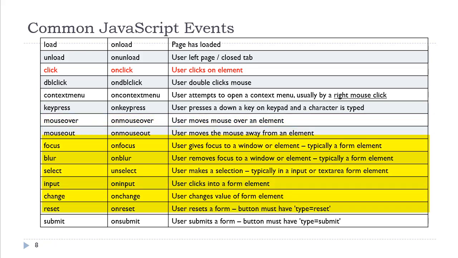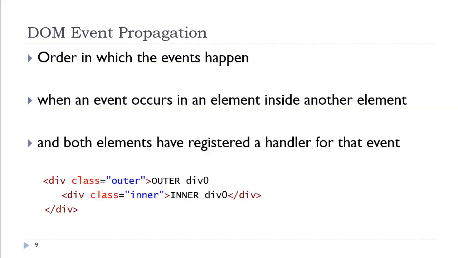The form elements. There are a lot of events connected to form elements, and we will look at forms in more detail later on. We have the focus and blur events, the concept of clicking into an element and out of an element. We have the select event, the input event, the change event, and the reset and submit events, which are tied in to the reset and submit buttons.